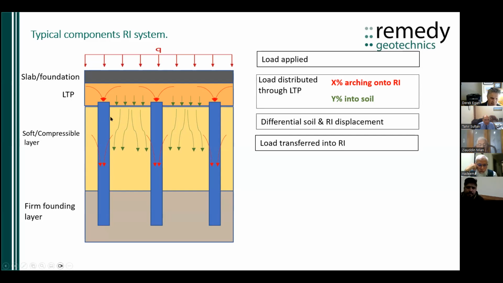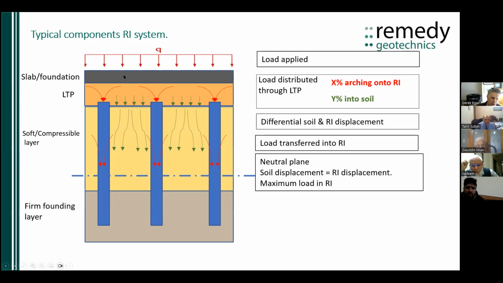So there is a differential in settlement between the column, which is founded in some sort of firm founding layer, so it can't settle, and the soil next to it, which causes a down drag effect and causes load to be attracted into the column over this upper part.